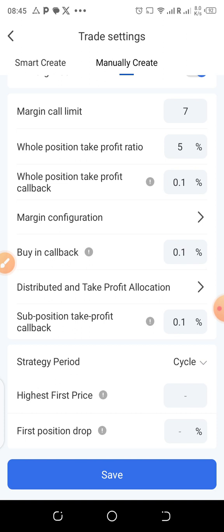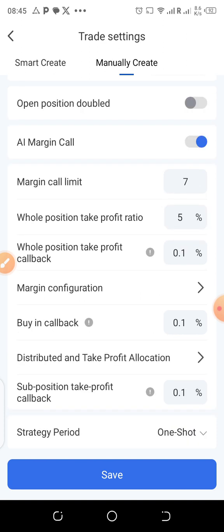If you are trading on a cycle mode, make sure that one is showing cycle. But we are trading using the one shot strategy. So let me hope that we are still on the same page.